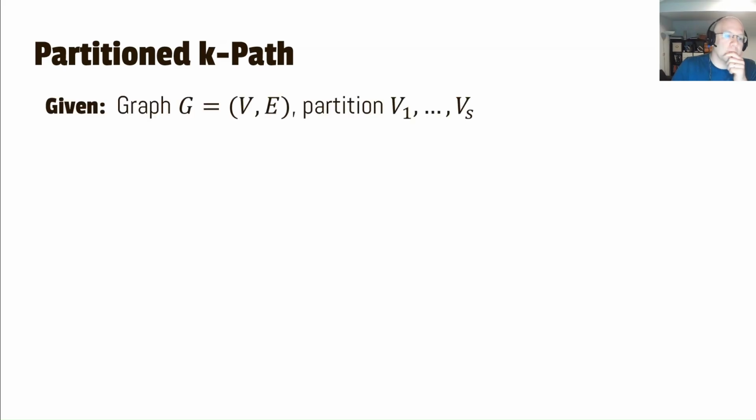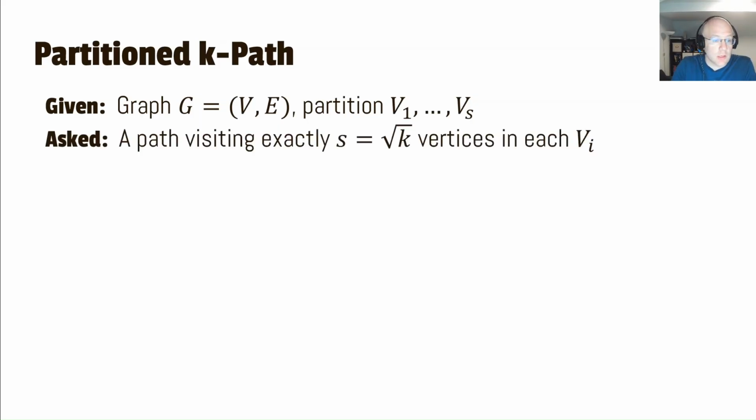So the first one loops back to the color coding approach. For the sake of this presentation, I'm going to redefine the problem we are solving. Instead of solving k-path, we're going to solve partitioned k-path. In this problem, one is also given a graph, but also a partition of the vertex set into S classes.